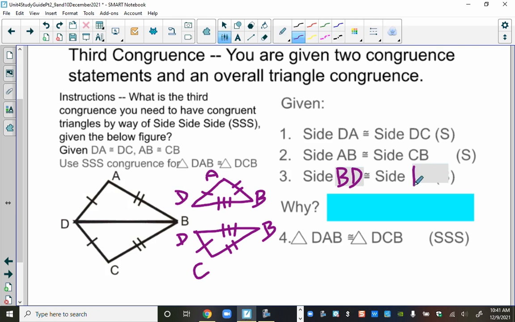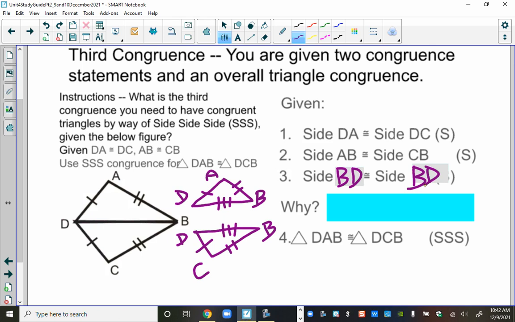Does anybody remember why? I know this one we haven't seen in a while. Why can we say BD and BD are congruent to each other? Begins with an R. Reflective. You're close, you're on the right track. Almost. Think about when you're moving your arm, if something's coming at you. Reflex.